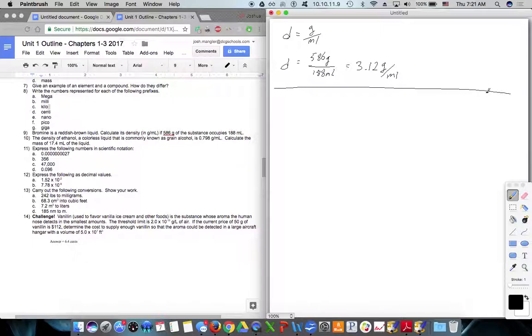Now if we go on to the next one, the density of ethanol is given as 0.798 grams per milliliter. And we want to figure out the mass. So we have the milliliters down here, 17.4 milliliters, and then we have the mass up here, which is the grams. And we can just go ahead and cross multiply and divide.